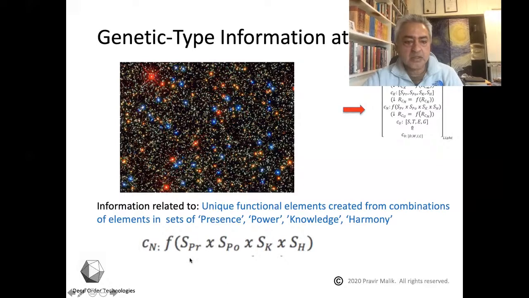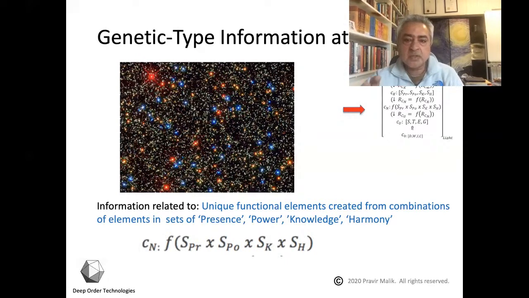And mathematically, that's depicted as a function of all the elements of the set PR of presence, the set PO of power, the set of knowledge, and the set of harmony. So you have up to an infinite number of diverse elements that then become unique functional seeds that display themselves or become apparent at this layer of reality where light is projected at speed n, which is still above our known speed of 186,000 miles per second.